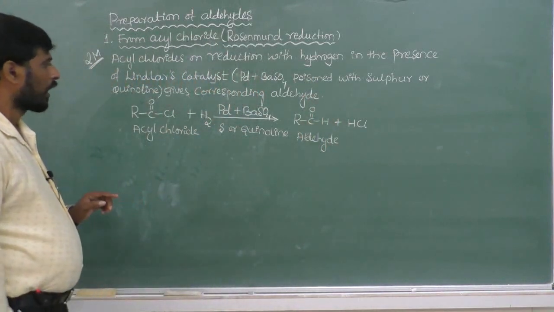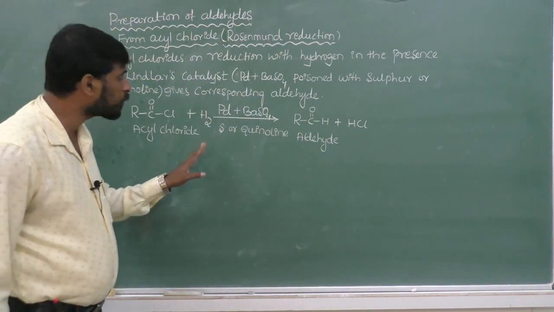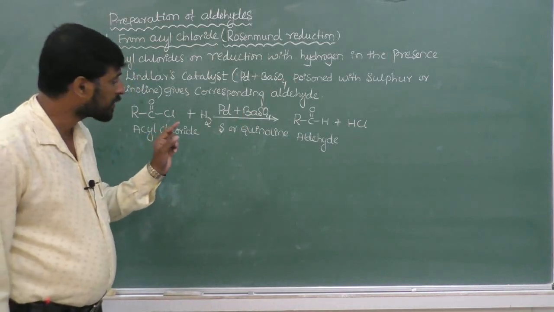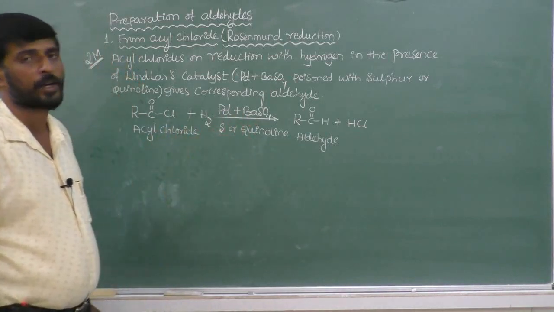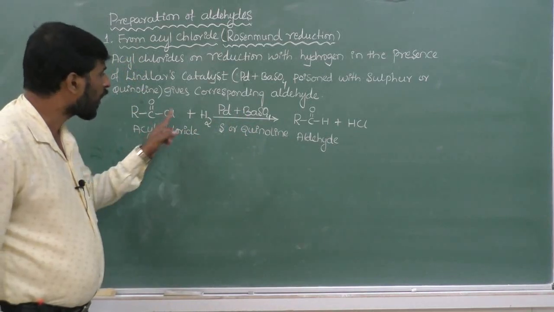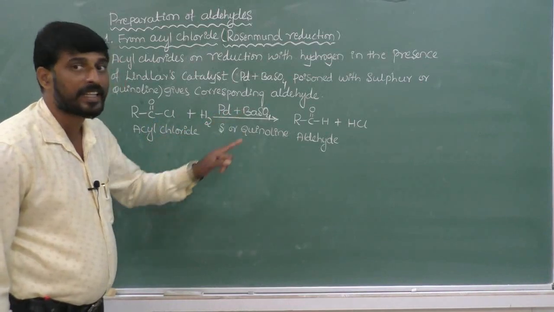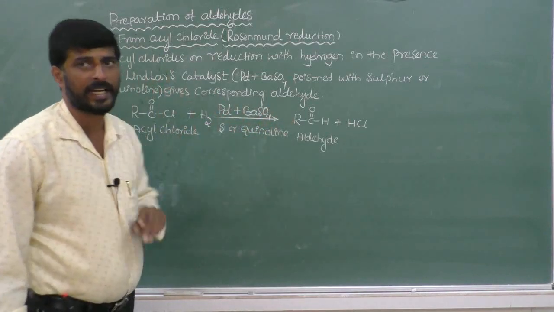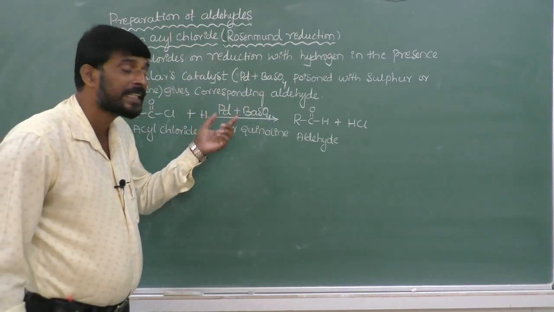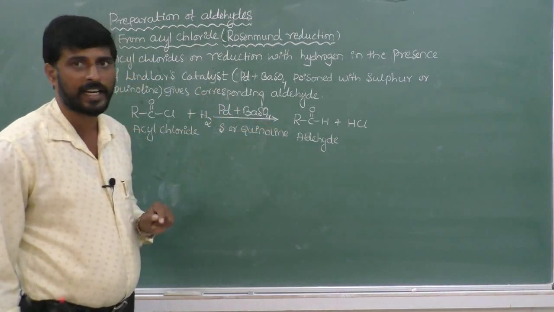Now the question arises. Please remember, in your textbook sulfur or quinoline is not given, but what is the purpose of adding sulfur or quinoline? When acid chloride is reduced with hydrogen in the presence of palladium and barium sulfate, it gives the corresponding aldehyde. But what happens if the catalyst is not poisoned after the formation of aldehyde?